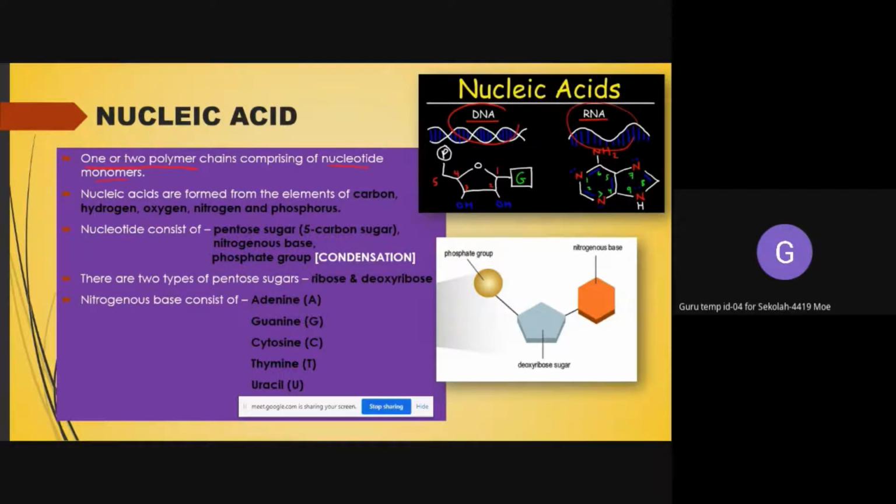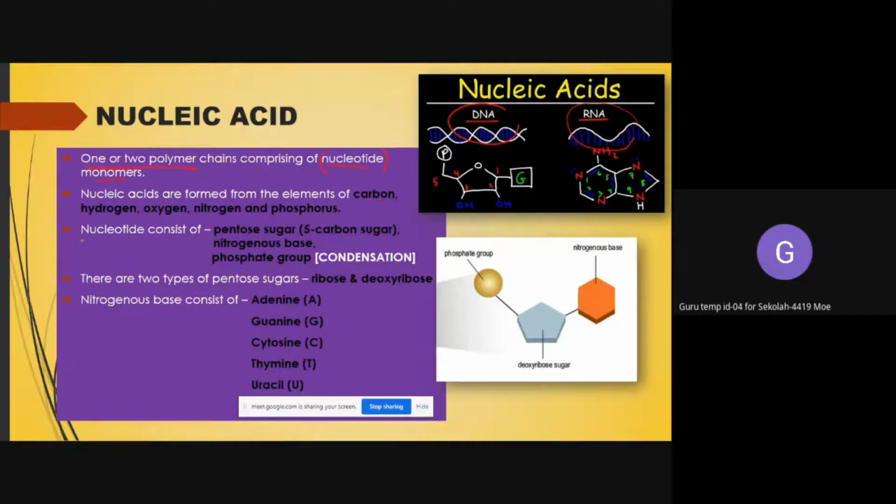So both DNA and RNA are made up of nucleotide, sebab nucleotide ini adalah monomer. So nucleic acids are formed from the elements of carbon, hydrogen, oxygen, nitrogen, and phosphorus.